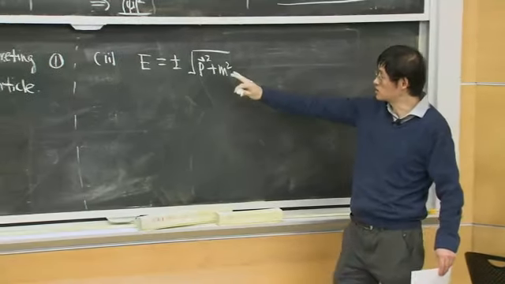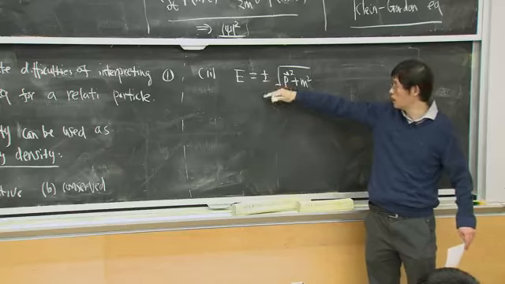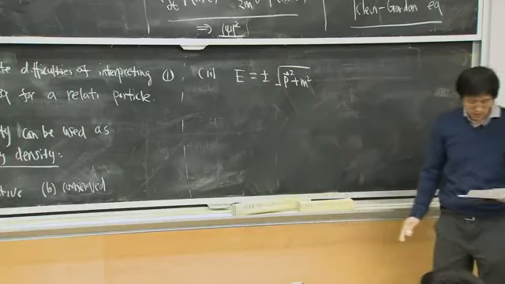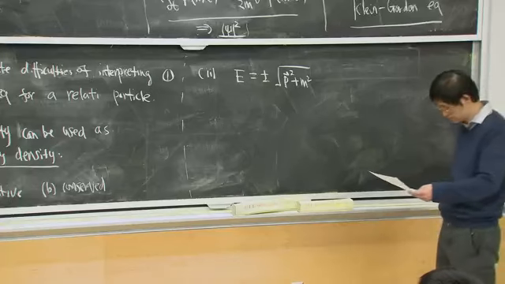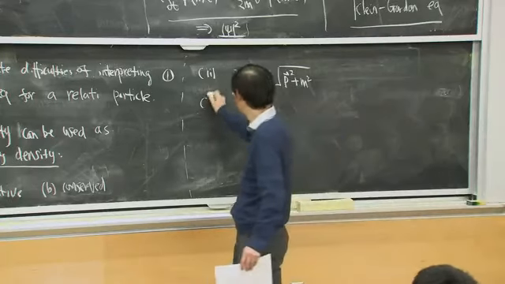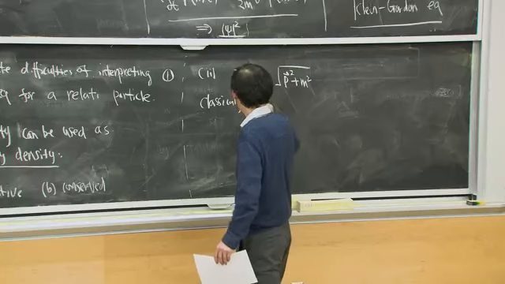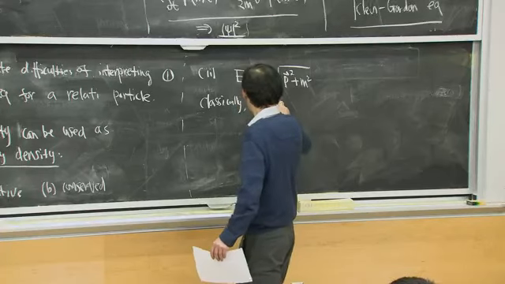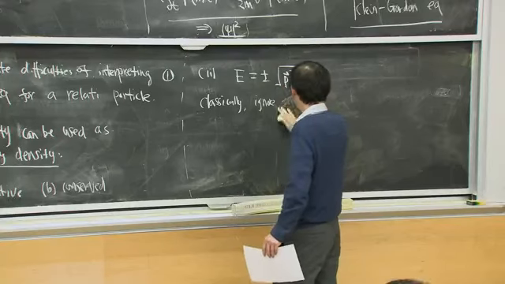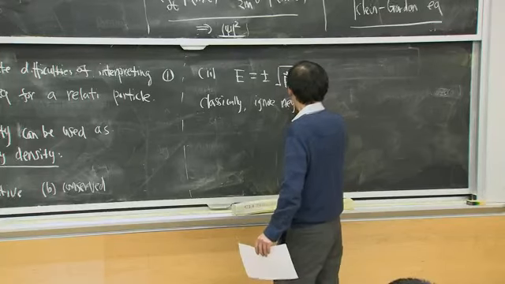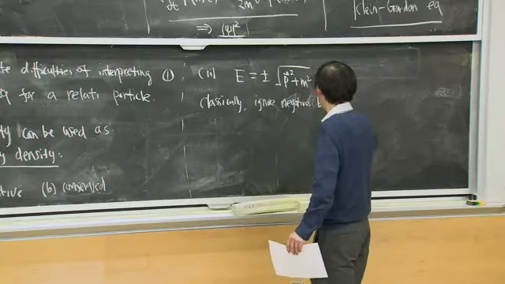So classically, you can just say, let's throw away the second branch. We can just throw away the second branch by hand. Classically, just ignore the negative branch.